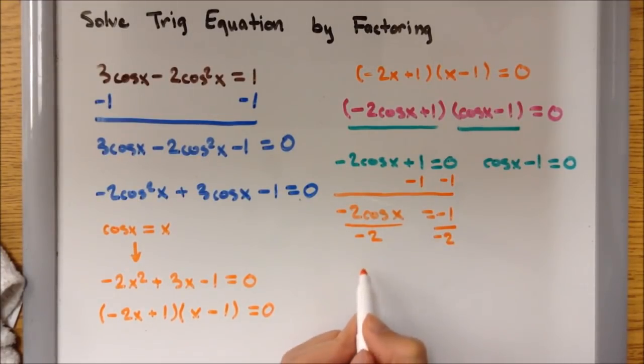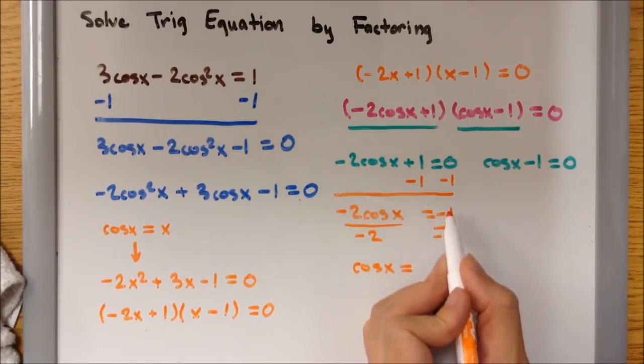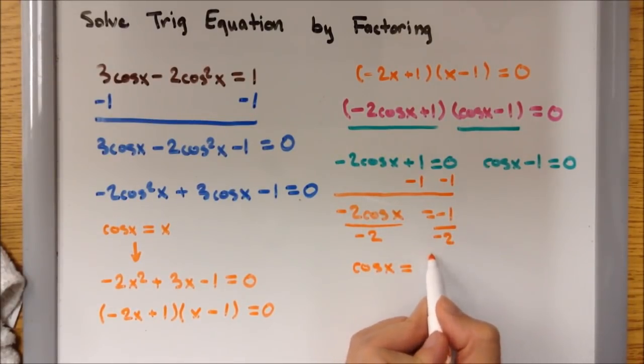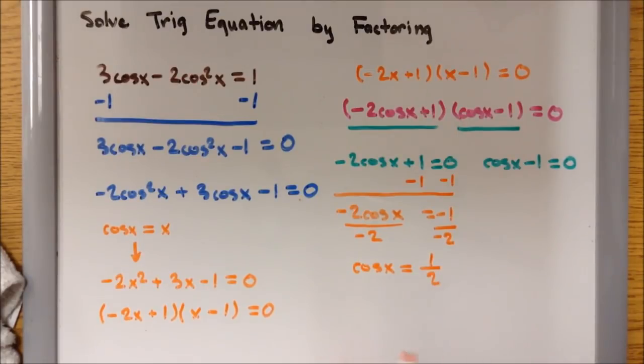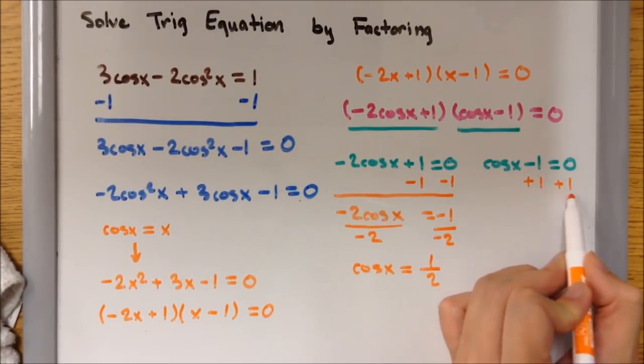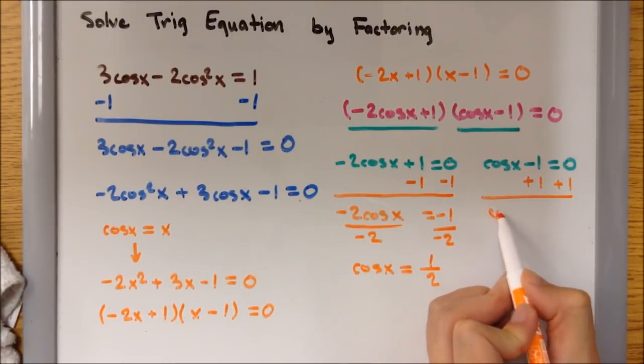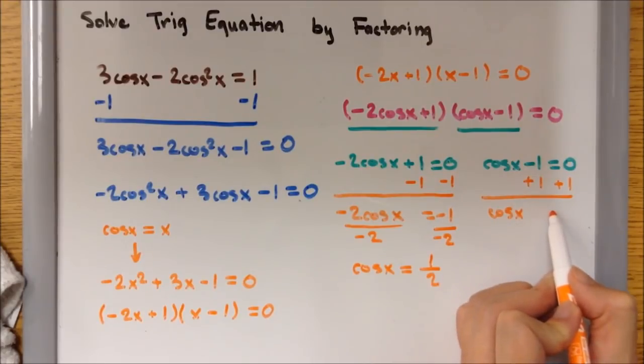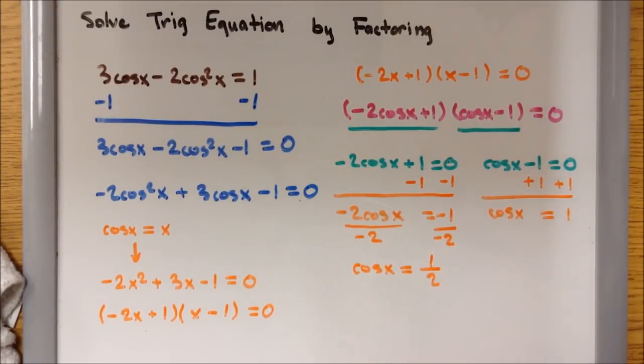So cosine of x equal to negative 1 over negative 2 would be a positive 1 over 2. Now cosine of x minus 1, I'm going to add 1 to both sides. So cosine of x equals to positive 1.